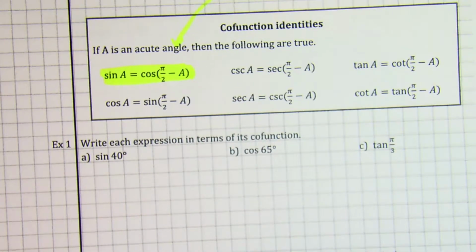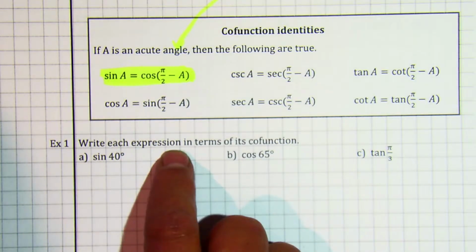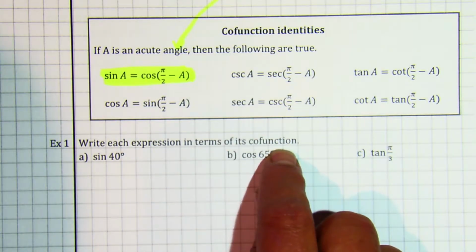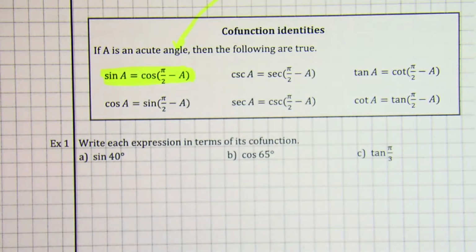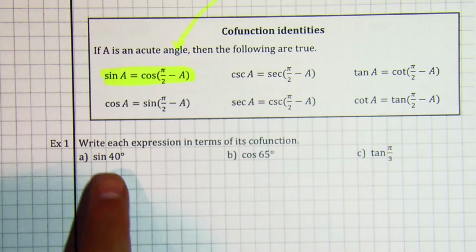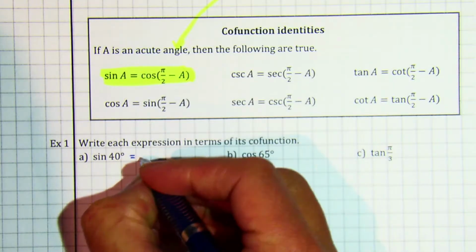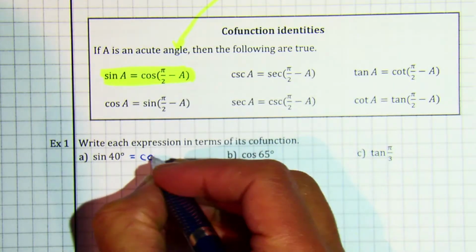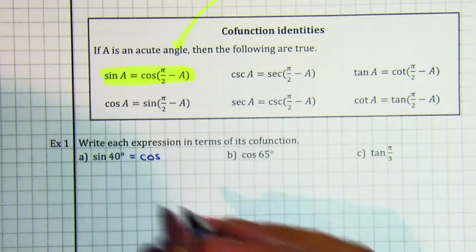So let's go through example number 1. Write each expression in terms of its cofunction. So you do need to be able to memorize that sine and cosine are cofunctions of each other. For the first one, I'm going to go through the process and do a quick substitution. And then from there, for the next ones, we're going to take a little shortcut, but you can always go through this process if you want.